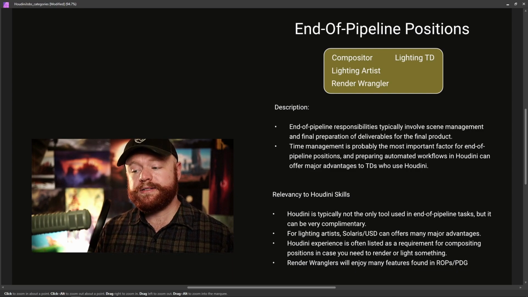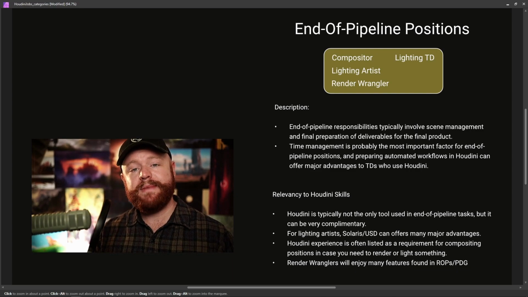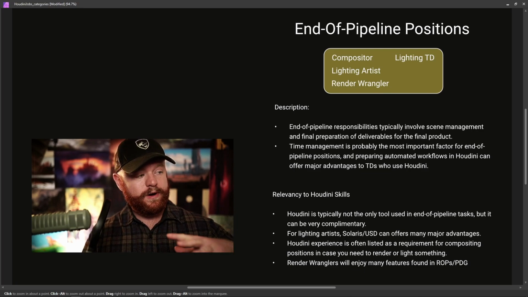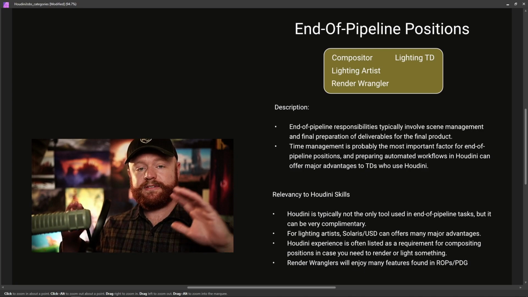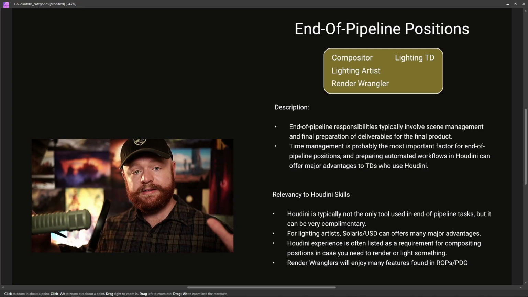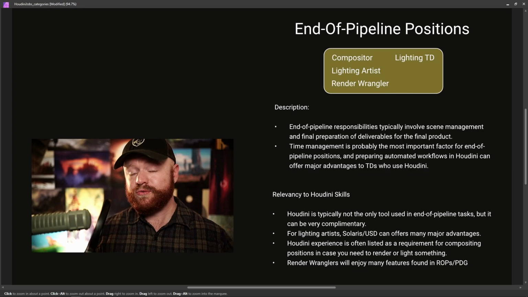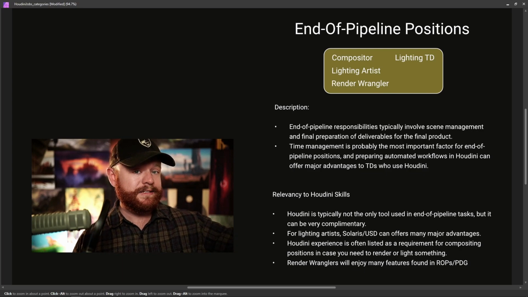So for lighting artists, Solaris USD can offer many advantages because of the fact that you are set dressing and instancing. And if your pipeline is set dressed in USD with Solaris, then it makes it a lot easier for you to set up lights and run tests.